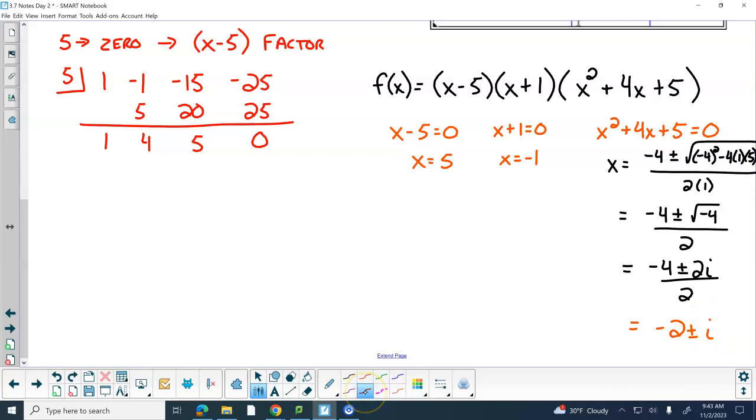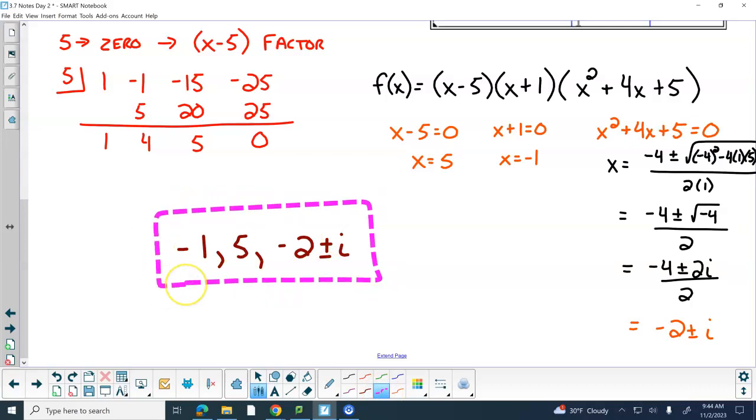So my 4 answers that I need: negative 1, positive 5, negative 2 plus i, negative 2 minus i. Okay?